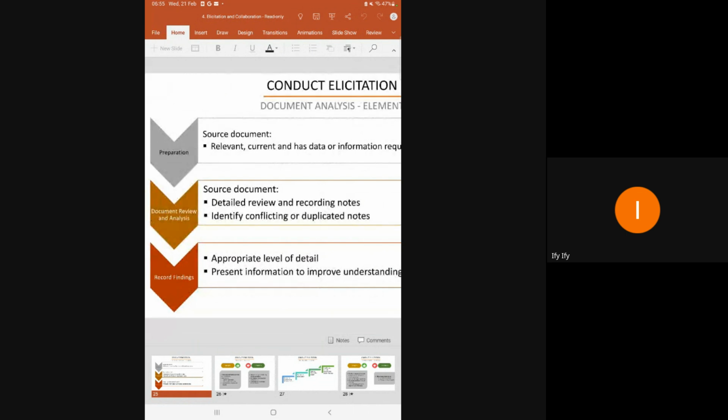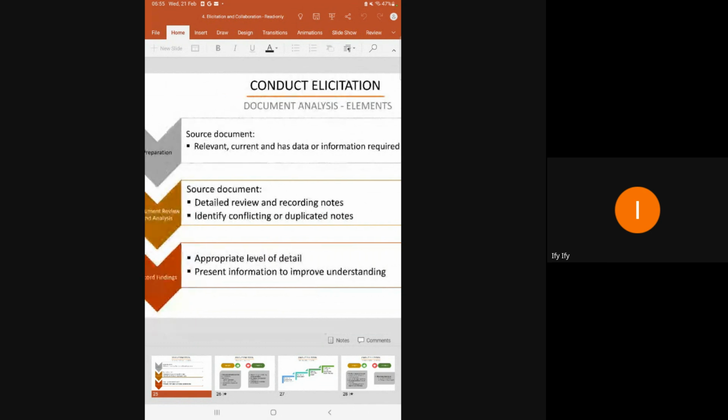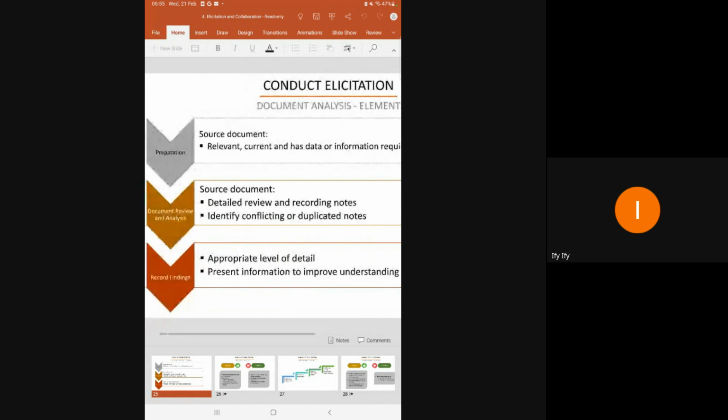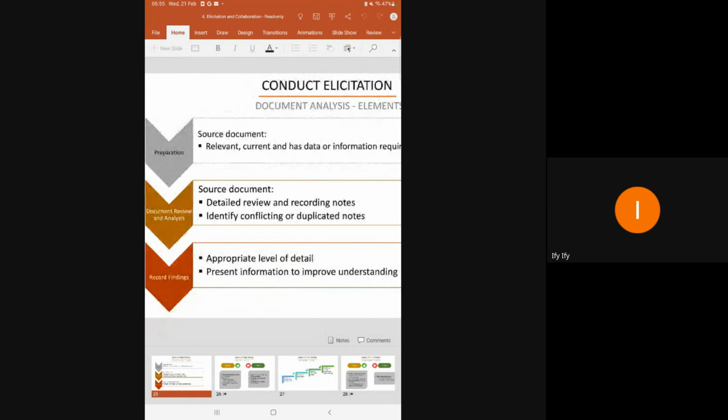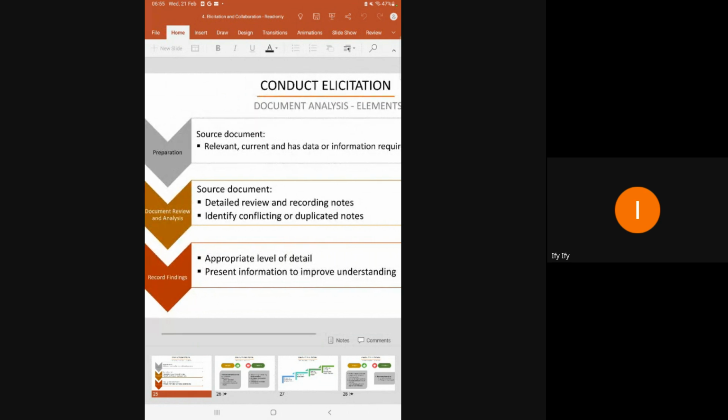Now the document review, detailed review, and recording of the notes is important. We are talking about documents which are relevant, current, and have data or information. That is one thing you need to ensure. Then you need to do a detailed review, record the notes, and identify conflicting or duplicate notes. This is a big challenge.